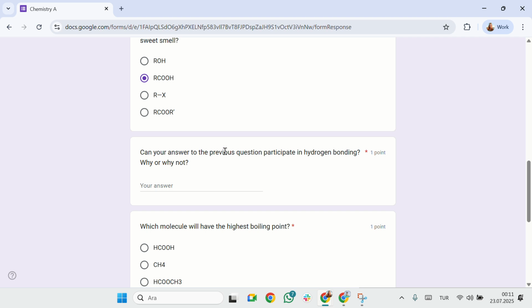Can your answer to the previous question participate in hydrogen bonding? Why or why not? So, hydrogen bonding. Hydrogen has a bond called hydrogen bonding between fluorine, oxygen, and nitrogen, I guess.